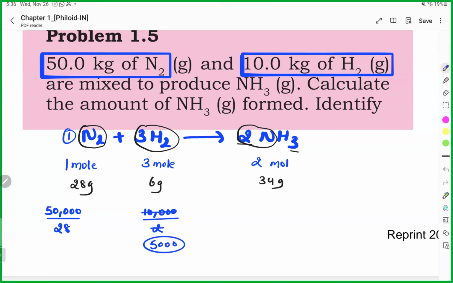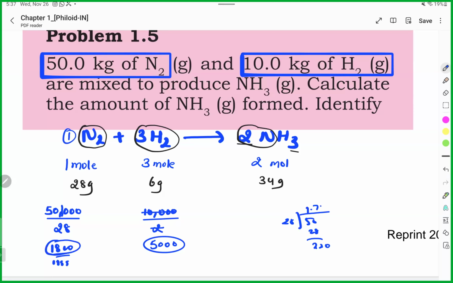What is the number of moles of nitrogen in this case? Approximately 1785.7, so I am taking it as approximately 1800.